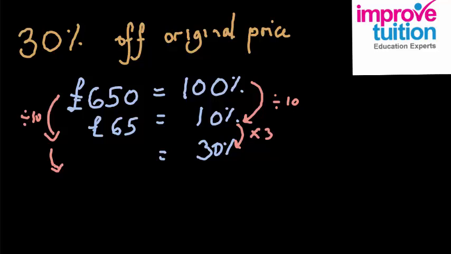So what we've done is we've deliberately worked out 100%, 10%, and then moved to 30%. How we can work out £195 is just partition the numbers, and that helps as well.